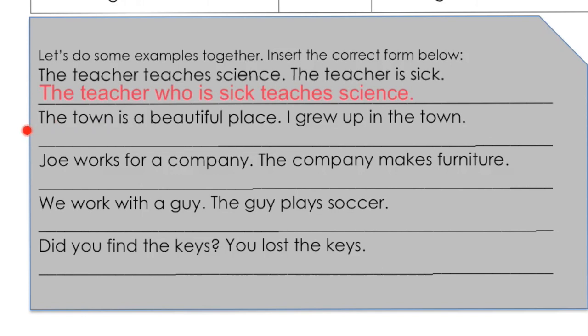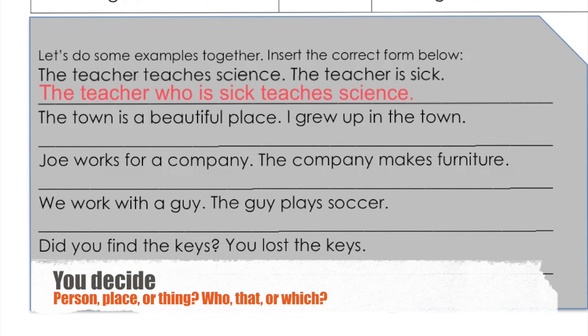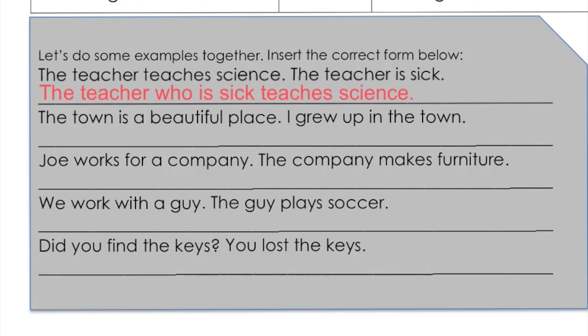Here the word town comes up both times. Let's think of a way we can combine them together. First, is it a who, that, or which for town? You should be thinking that and which. Who is for people.